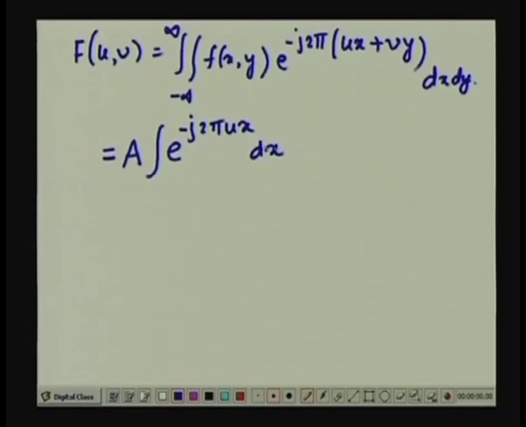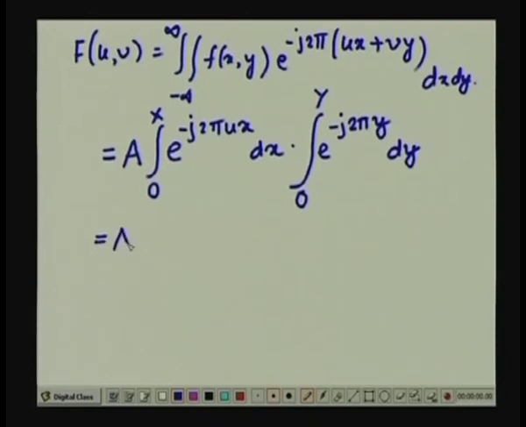Now, this integration over x has to be from 0 to capital X, multiplied by e to the power minus j 2 pi v y dy, where this integration will be in the range 0 to capital Y. So, if I compute these two integrals, you will find that it will take the form something like this.